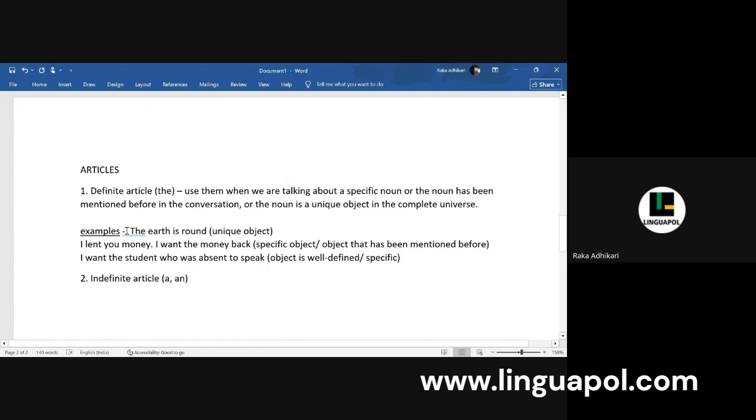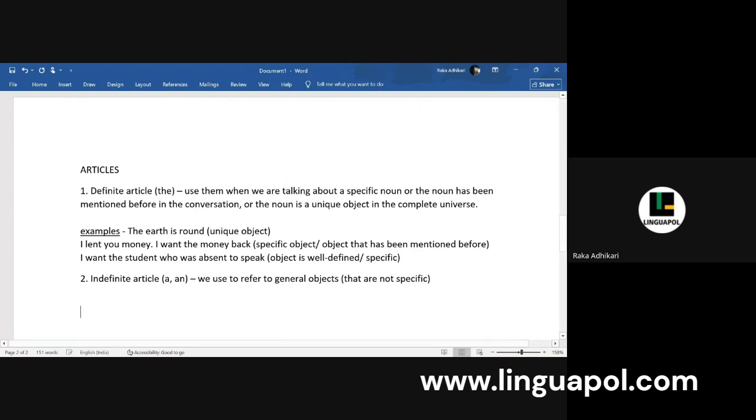Now, where do we use the indefinite article? So indefinite we use to refer to general objects, not specific. For example, let us take a similar sentence. I said, I want the student who was absent to speak.